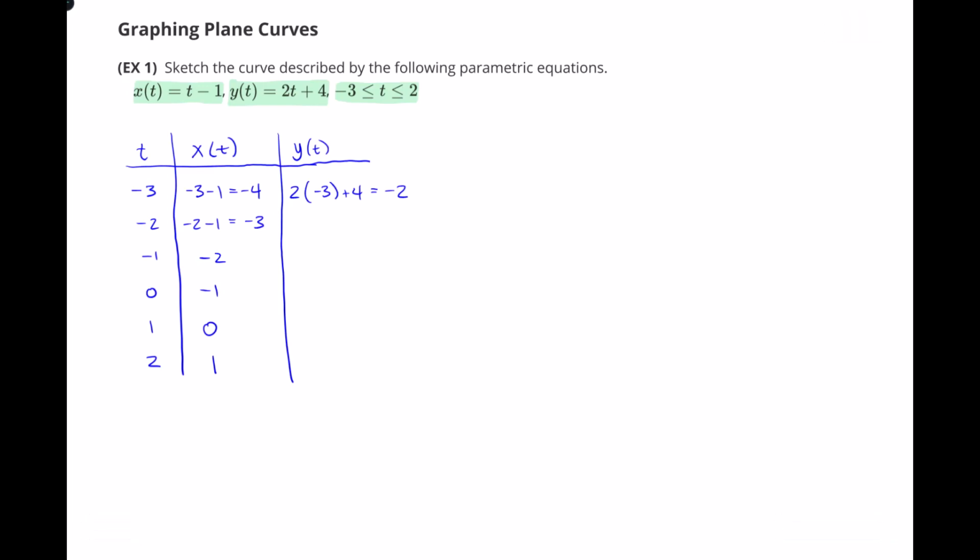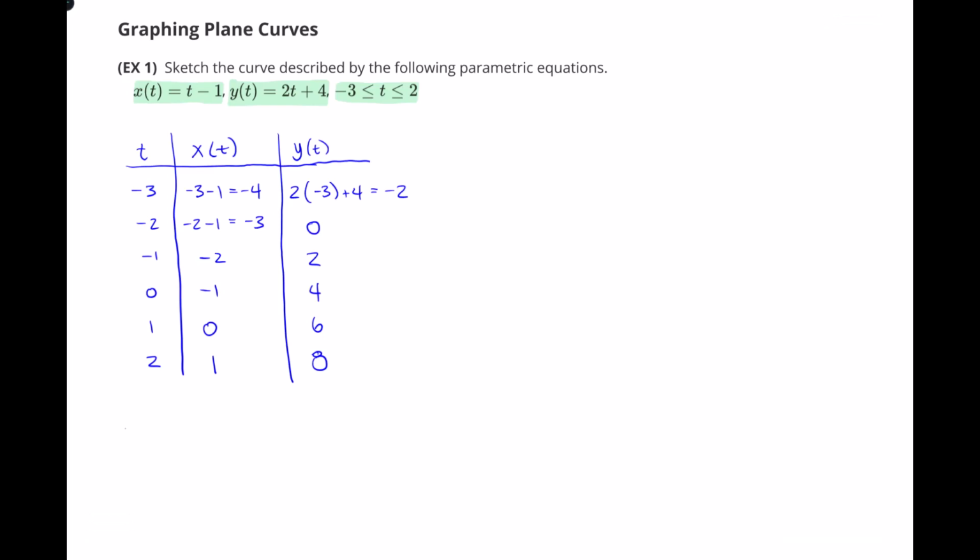Then if I put in -2, 2 times -2 is -4, plus 4 gives me 0. 2 times -1 is -2, plus 4 is 2. And then when I put in 0, that would give me 4. Plugging in t equals 1 would result in 6. And finally, 8. So now I have a set of x and y coordinate pairs.